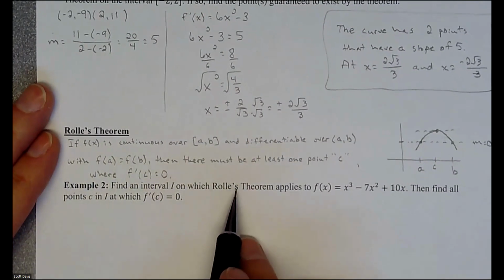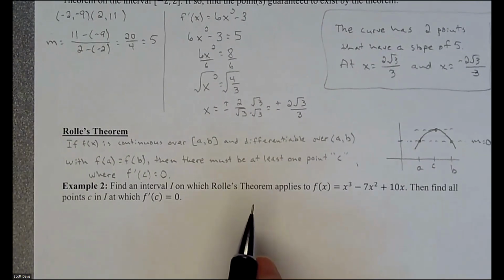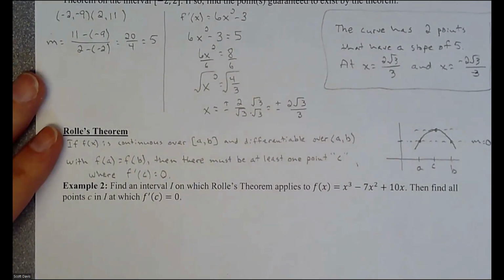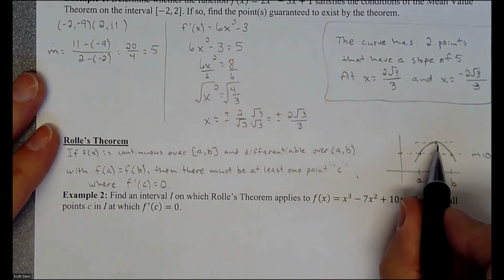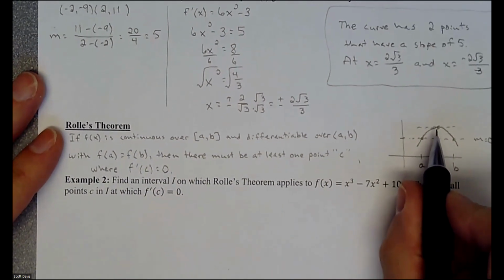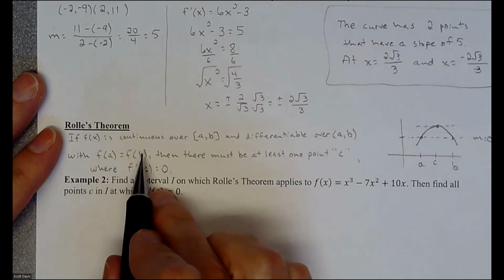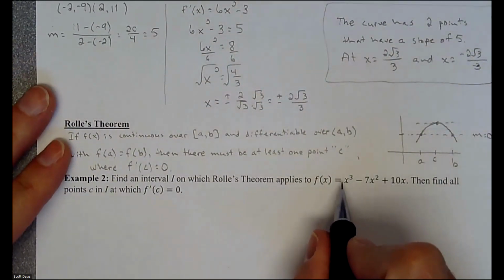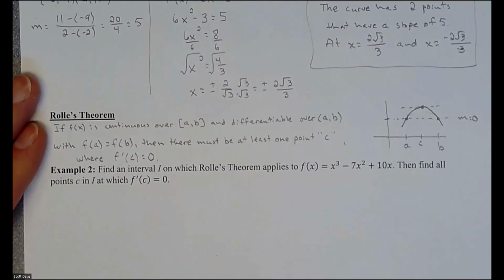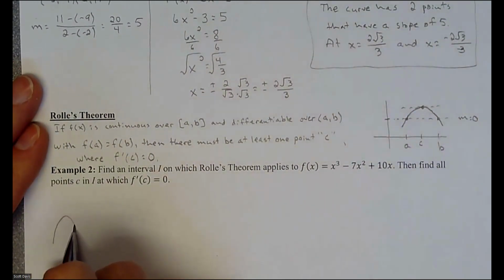So in order to figure out where Rolle's theorem applies, we're looking for when we have slopes of 0, right? But we don't know that until we figure out where we have some y values matching. Well, if I have an x to the third, I'm going to cheat this a little bit, we have this kind of a look to it most likely, right?